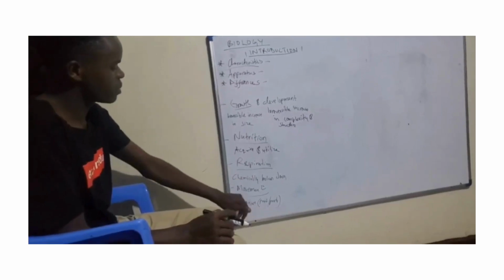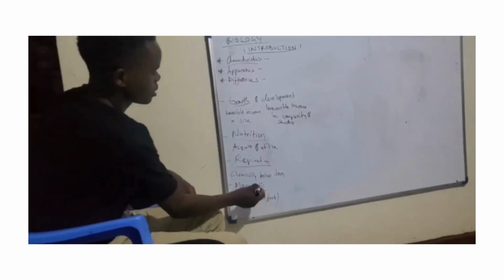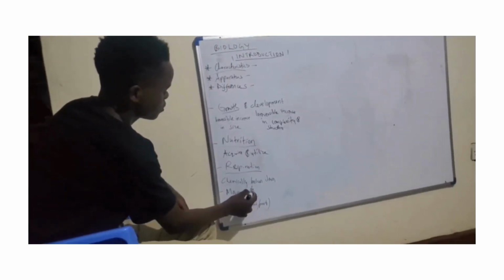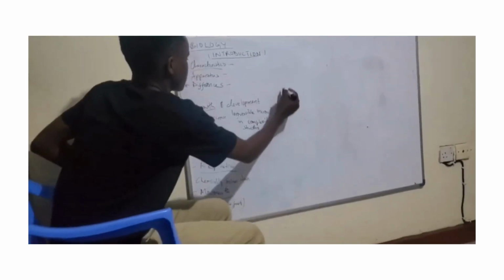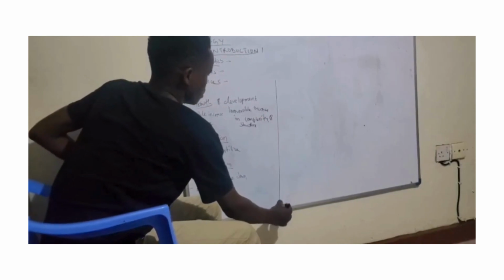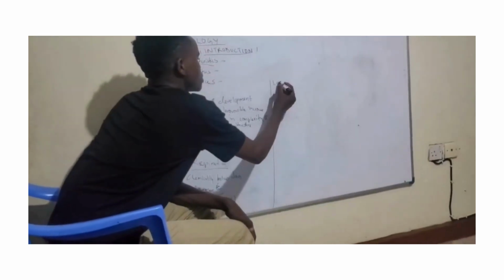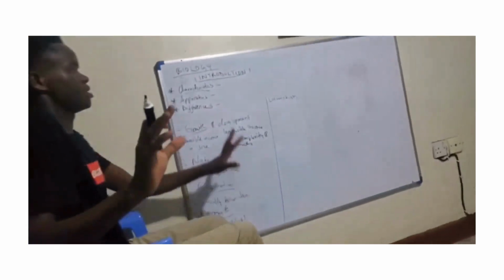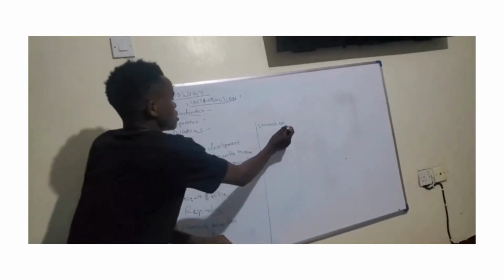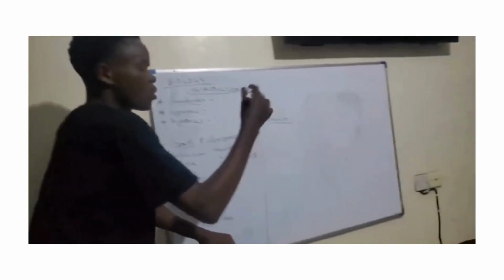But now under movement, another term I want us to define here is locomotion. It's a bit different to movement, almost similar but different. Now locomotion, the keyword here is the whole organism.